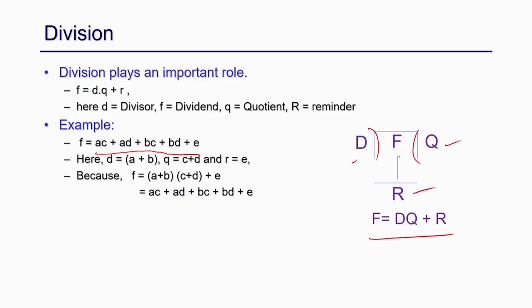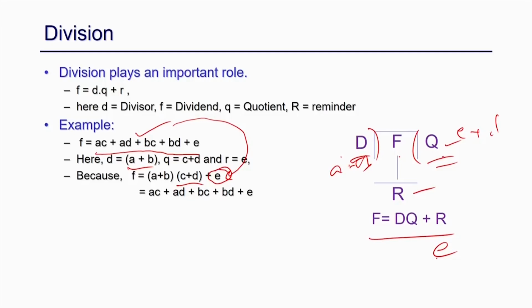I can take d as a plus b, and then I can represent f equivalently like this. Now you can see my quotient will be c plus d, the divisor is a plus b, and the remainder will be e. So, I just apply this division operation on this Boolean expression.